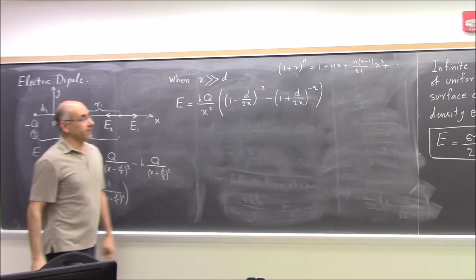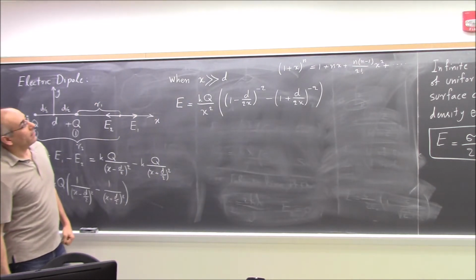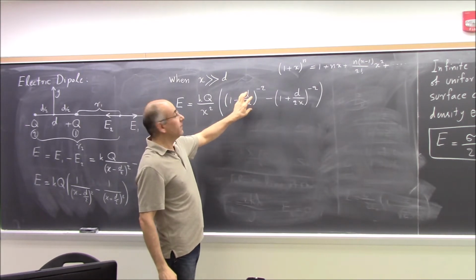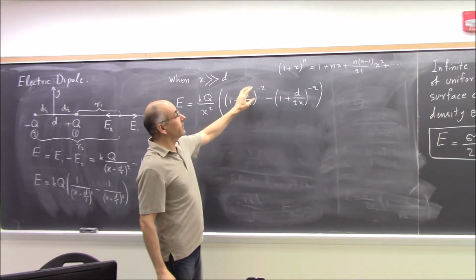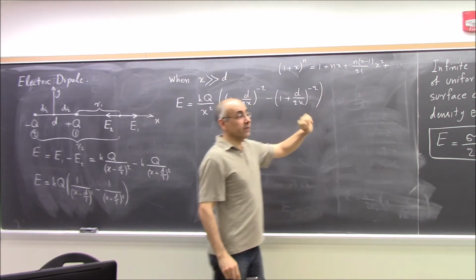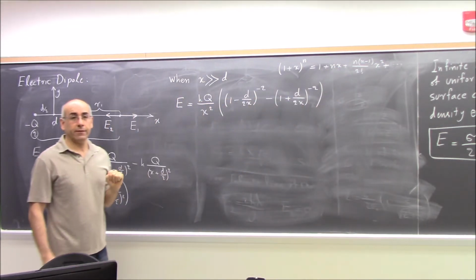It's like a Taylor series. And because x is much larger than d, this is a small factor, so we can expand it and just keep the first term because the other terms will be much smaller.